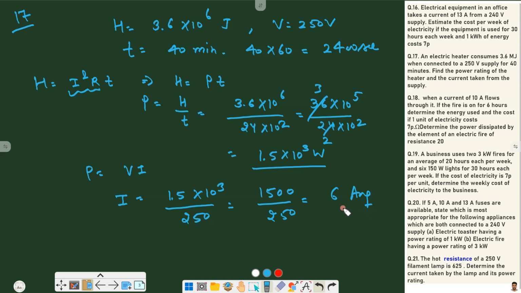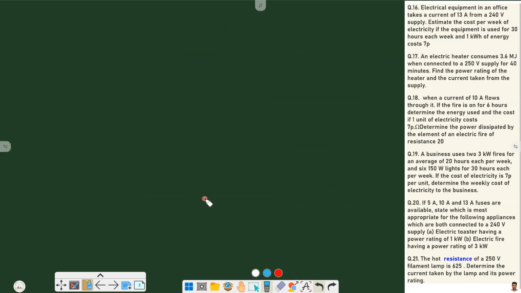Question number 18 we will start. When a current of 10 ampere flows through it, if the fire is on for 6 hours, determine the energy used for the cost of 1 unit of electric, which cost 7 paise.